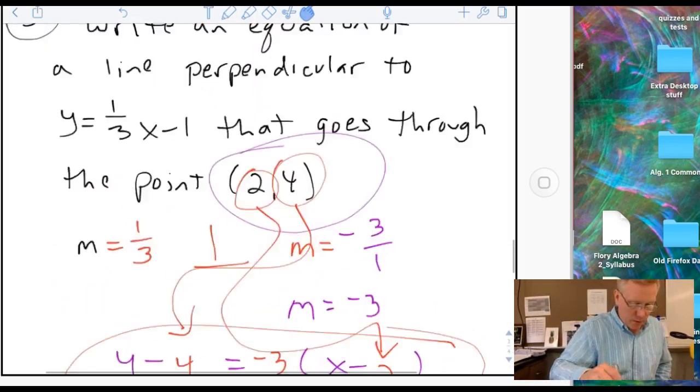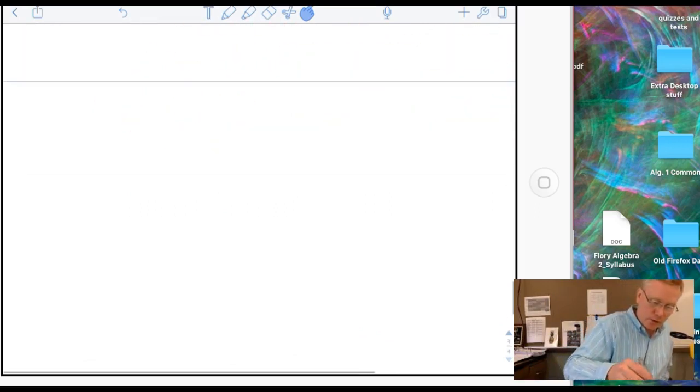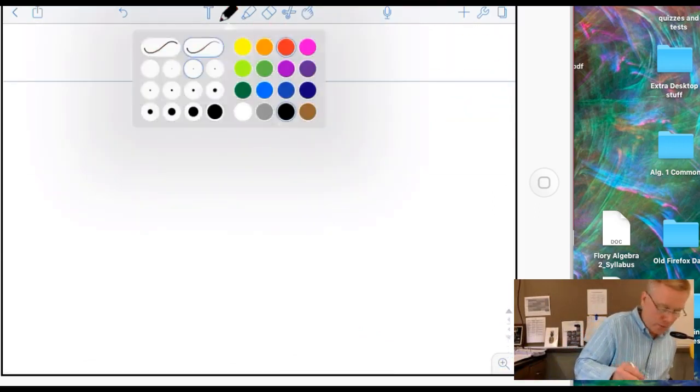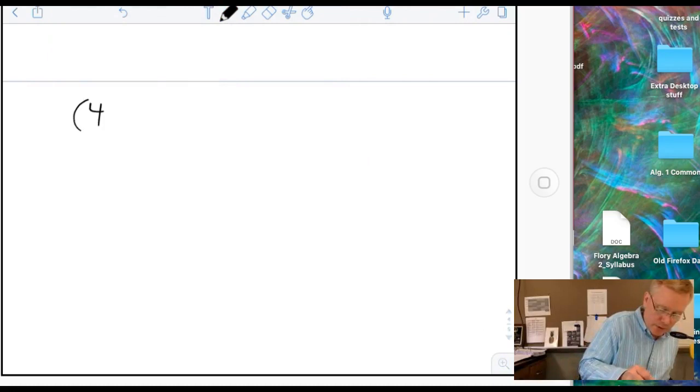This will be my last problem, number 4. I want you to try this one. It's a you try. Number 4, it's very similar to what we just did.